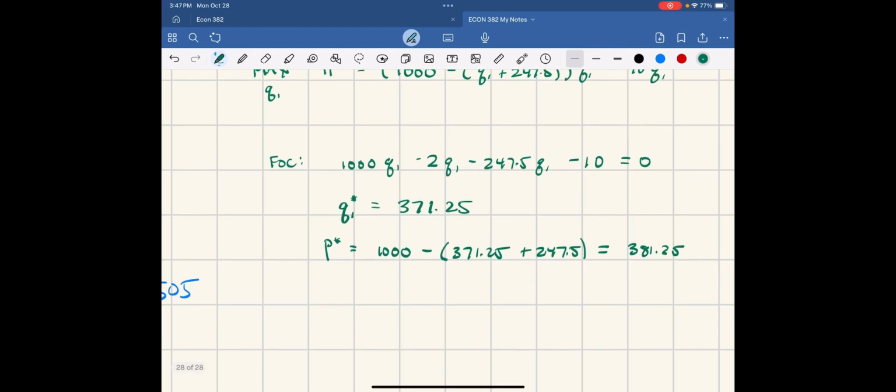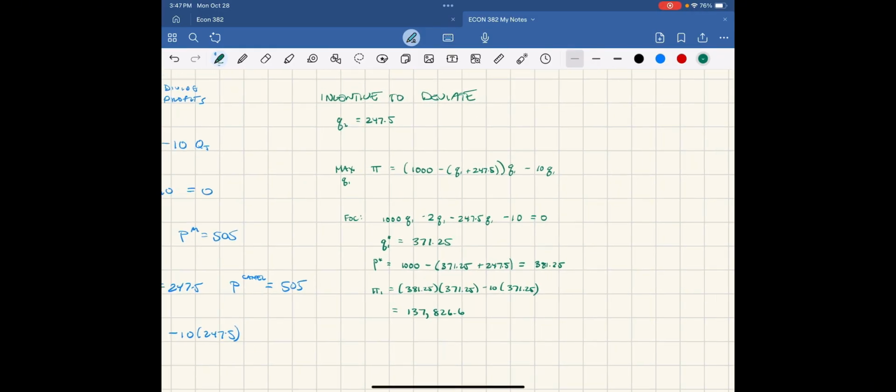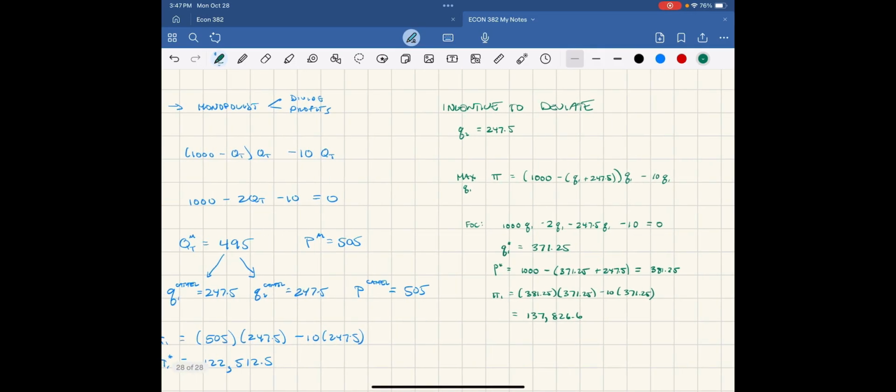And then we can use that to find the profits. Profit is P, 381.25, times Q, 371.25, minus 10 times Q, which is 371.25. And this means profits for firm 1 now are going to be 137,826.6.